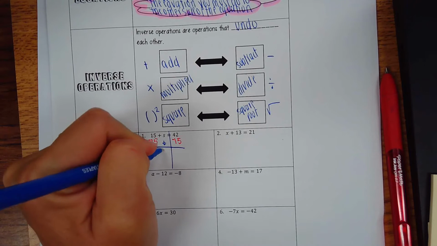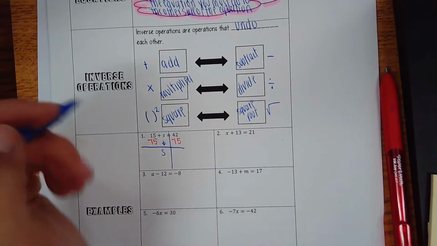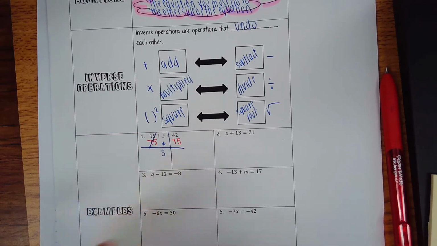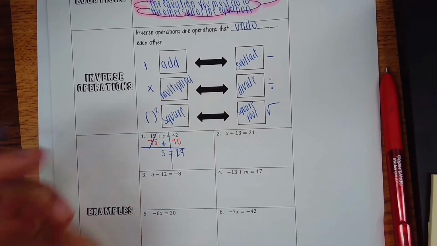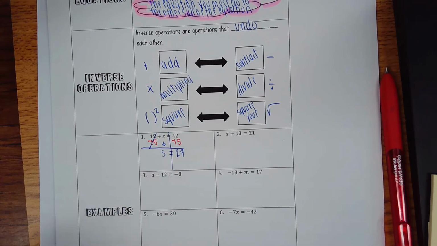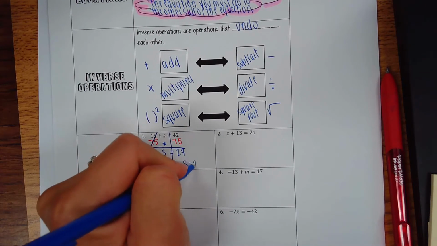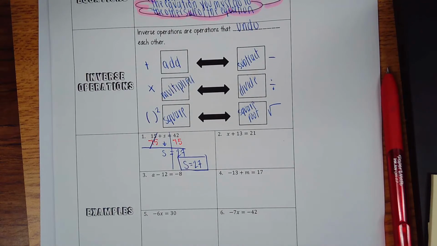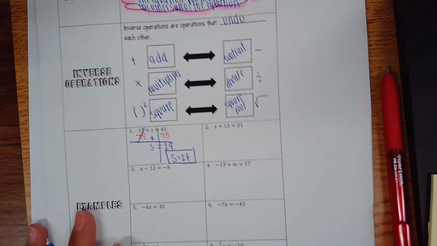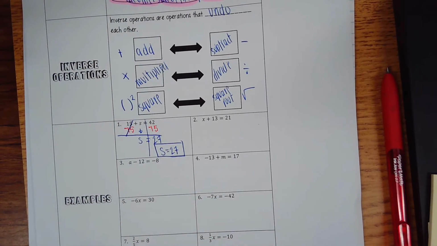I'm going to bring down this S. 15 minus 15 cancels out, and 42 minus 15 is 27. And look, that S is all by itself, so we know that we are done.